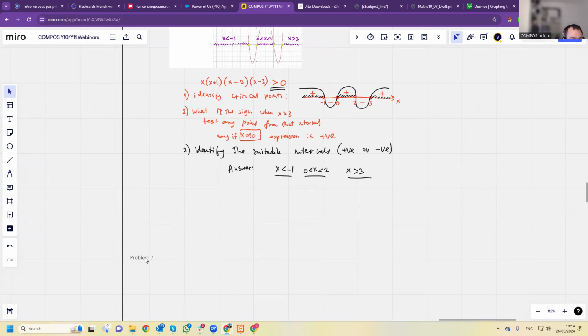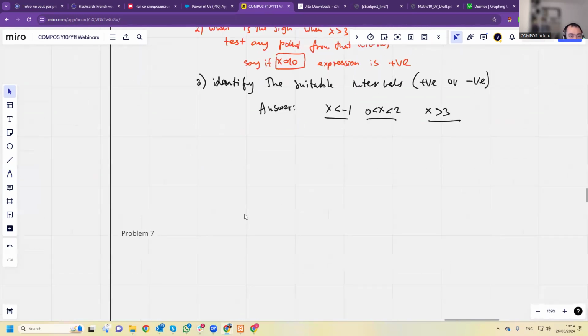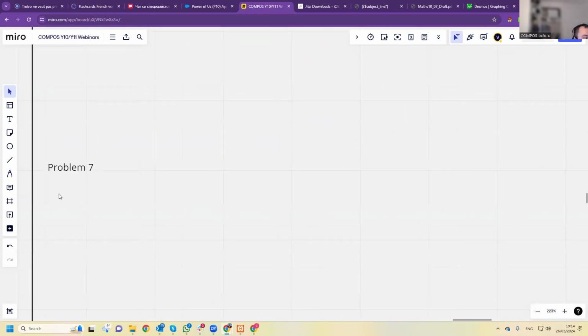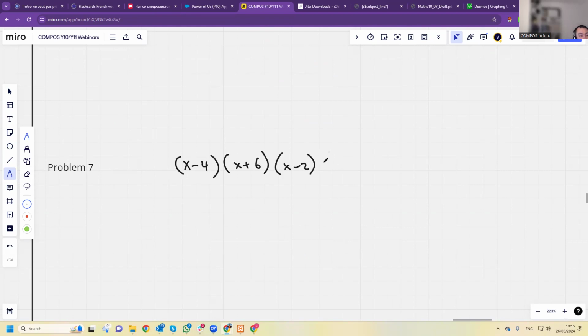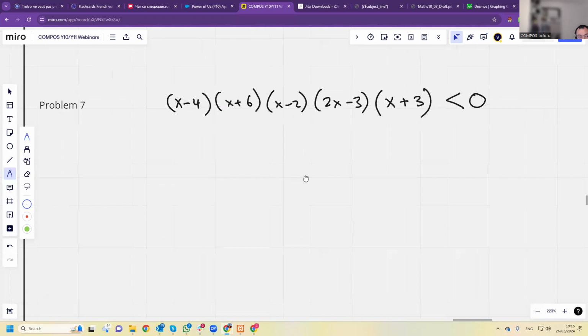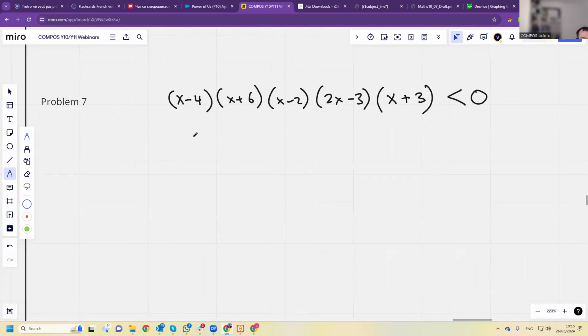So let's see if we can do the same. Same one. Let's say we have x minus 4, x plus 6, x minus 2, 2x minus 3, and x plus 3, and it's going to be less than 0. Okay. We find the critical points.